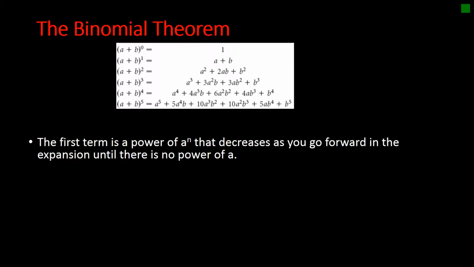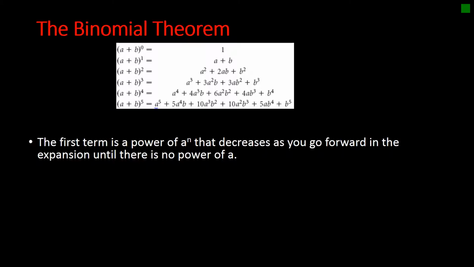So, some things to note about the binomial theorem. The first thing is that the first term is a to the n, and the power of a decreases as you go forward in the expansion. So let's just look at this fifth power here.